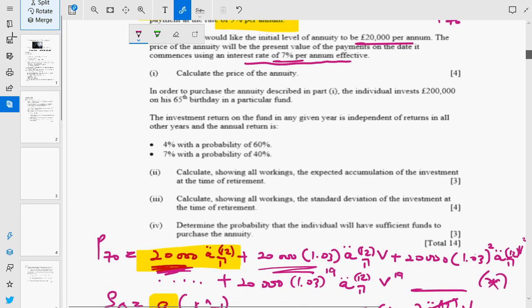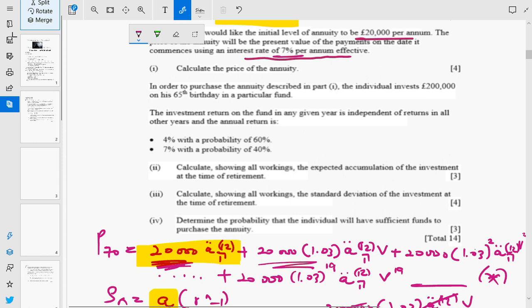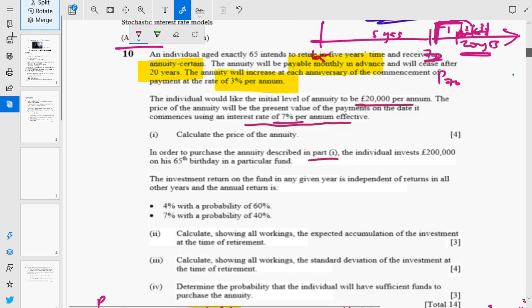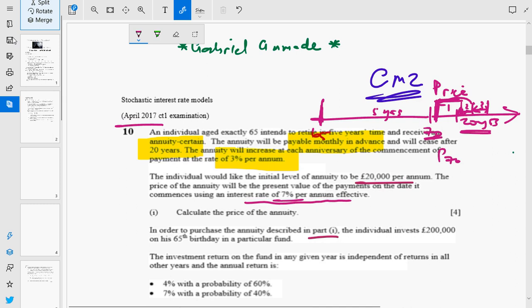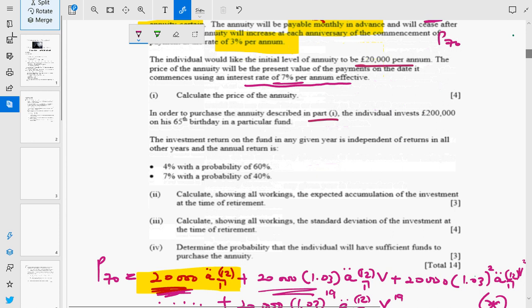Now, the second part of our question says: in order to purchase the annuity described in 1, the individual invests £200,000 on his 65th birthday in a particular fund. So what is actually happening here, at 65 years, the individual is going to invest £200,000. So let's continue and see what is happening.